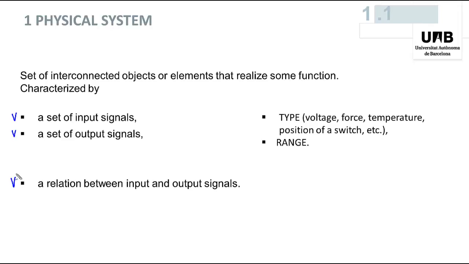Furthermore, every signal is characterized by its type, could be a voltage, a force, a temperature, and so on, and is characterized by a range of values. In the case of a voltage, all the voltages between some minimum and some maximum value.